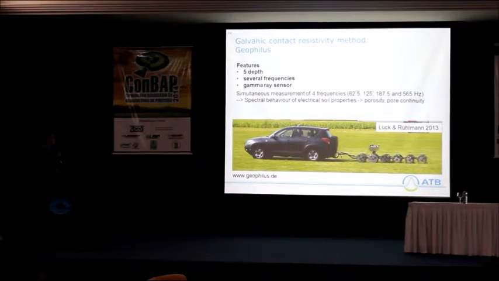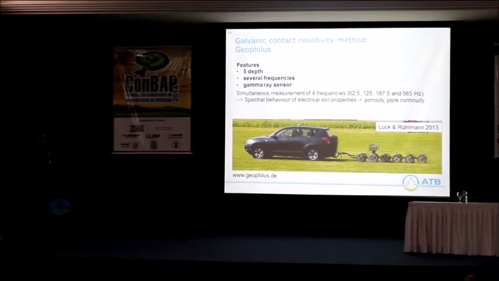It measures at 4 depths here, at several frequencies, and it has a gamma ray sensor here on top, so 2 sensors. What you can do with the several frequencies, here 4 frequencies, is get information about porosity and pore continuity of the soil.